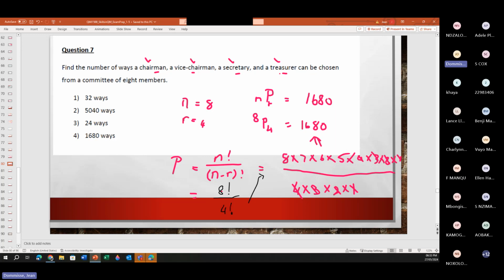The reason it is a permutation is because there's an order in chairman, vice chairman, secretary, and treasurer. It's the same as saying somebody is 1, 2, 3, and 4. So it matters in what position the person is. That is why it's a permutation and not a combination.